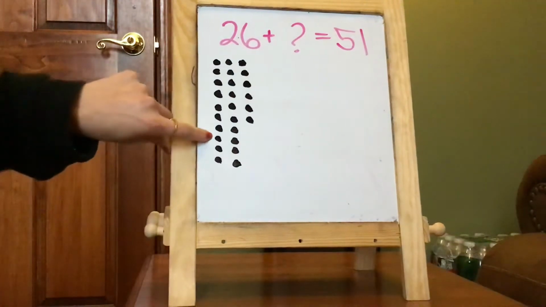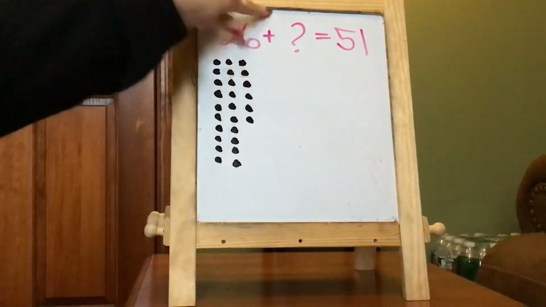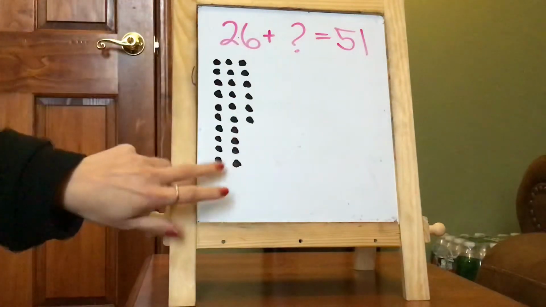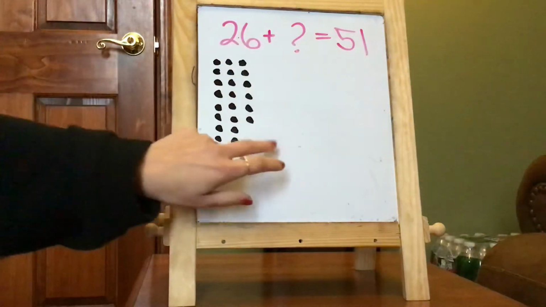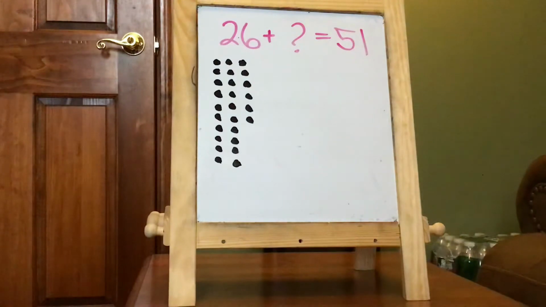Now that we have our 26 dots, our first addend, we want to know 26 plus how many other dots will give you 51.